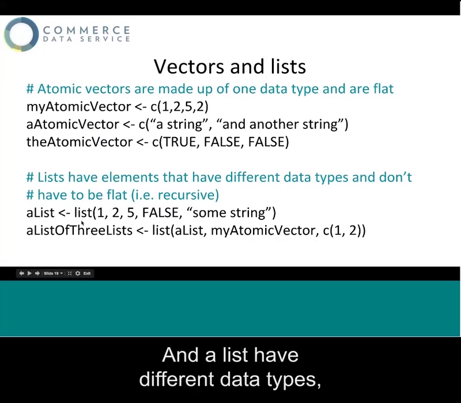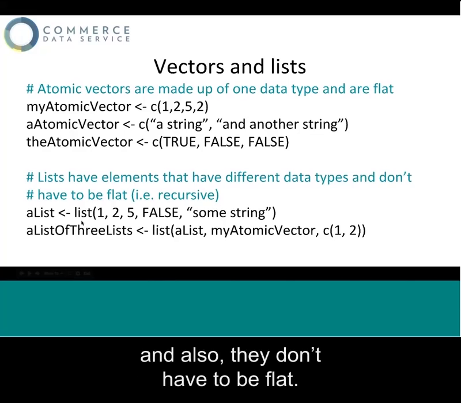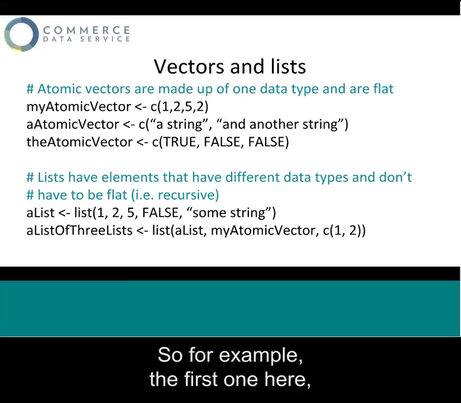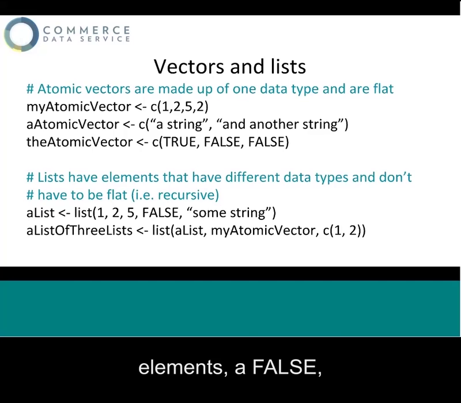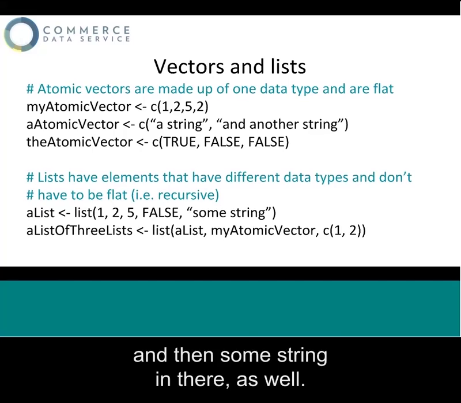But a vector can also be all strings or all true, false. And a list can have different data types, and also they don't have to be flat. So, for example, the first one here is just a list of 3 numeric elements, a false, and then some string in there as well.